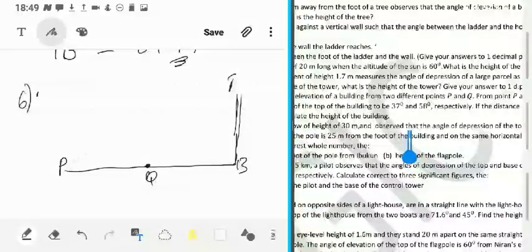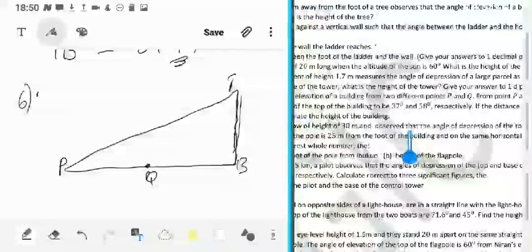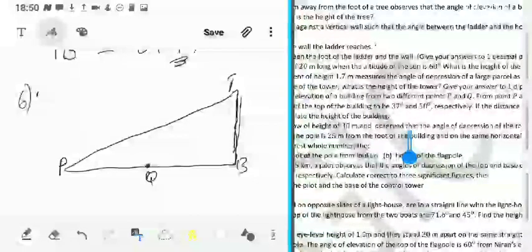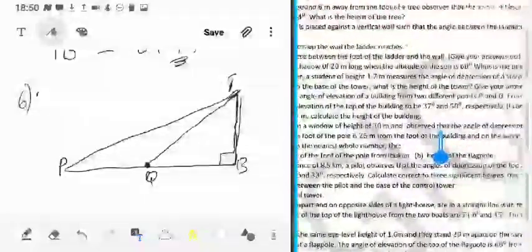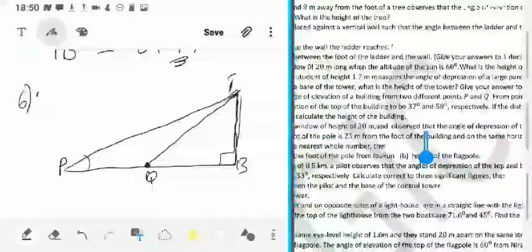Angle of elevation: he looked upward. When you look upward, an angle of elevation is formed. And from this point Q, he looked upward again. That is how the diagram came. From points P and Q, he finds the angle of elevation of the building to be 37 and 58 degrees respectively.